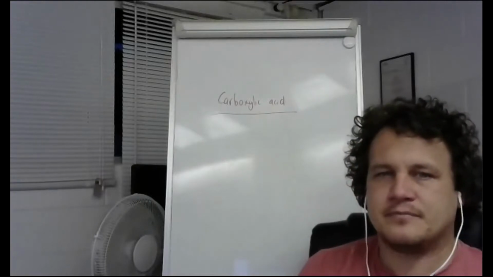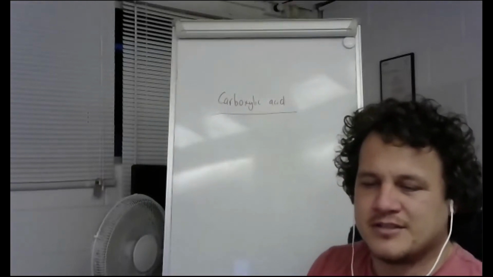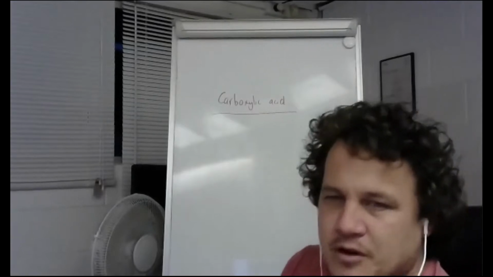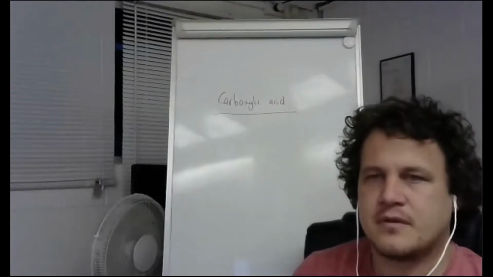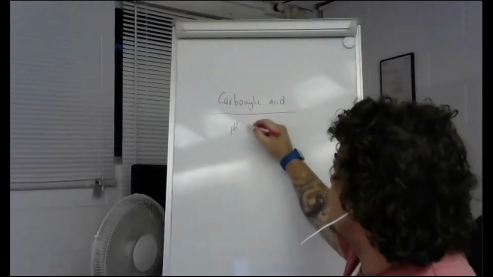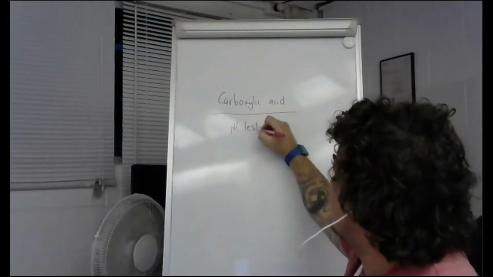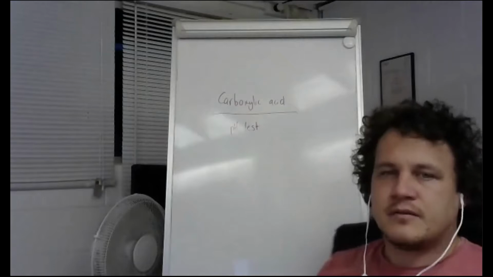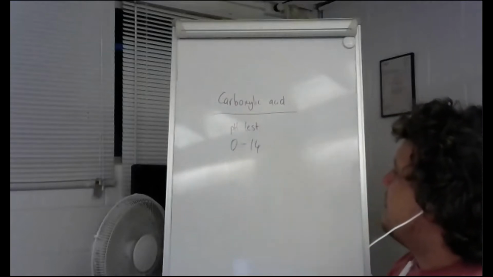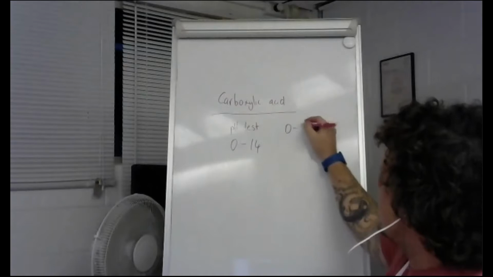It's all in the name. This was on last year's exam too. They don't always put the complicated questions in there. So we could use pH. pH scale, 0 to 14. Acids are going to be 0 to 7.